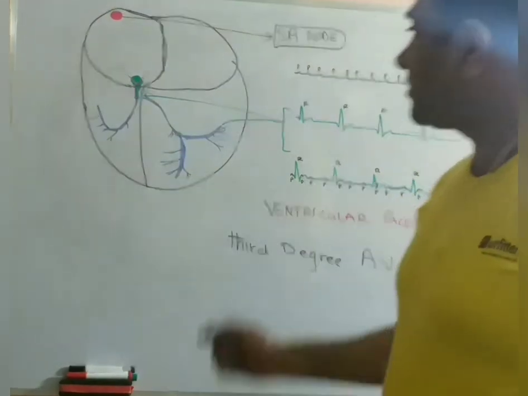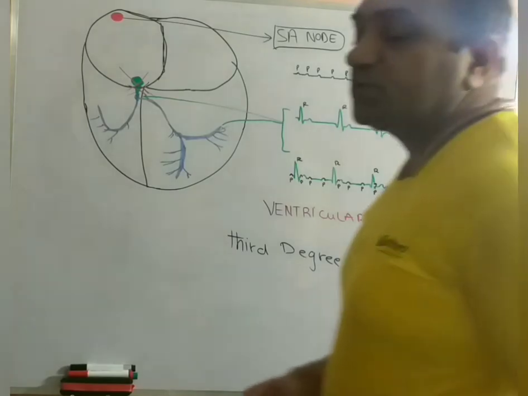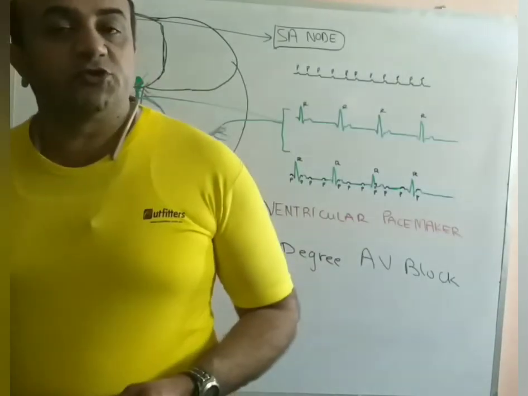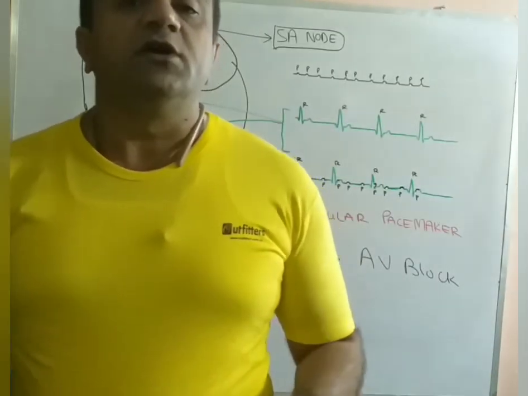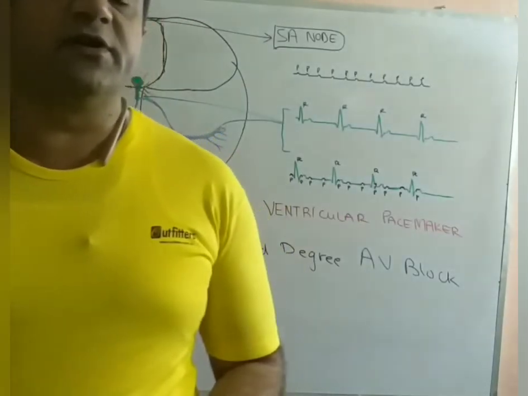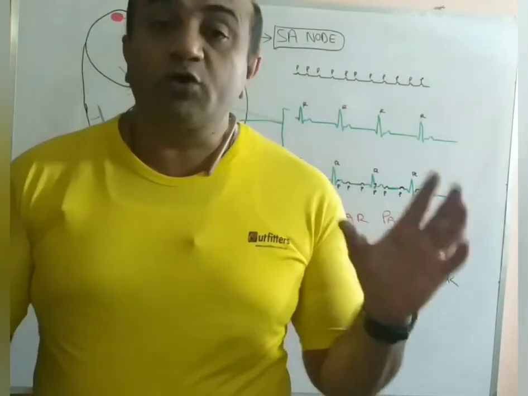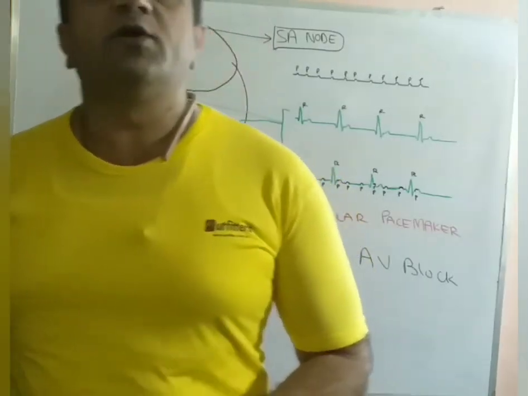Because of that, the only leftover option is the ventricular pacemaker. The ventricular pacemaker is located at the level of the Purkinje fibers and the ventricular muscle. It causes impulses at a rate of 20 to 40 times per minute, and it generates broad QRS complexes, broader than 3 small boxes, which is 0.12 second.